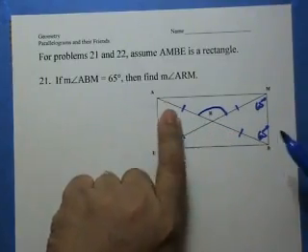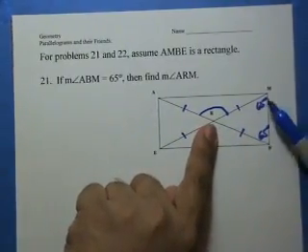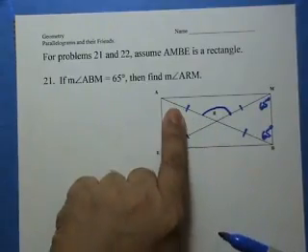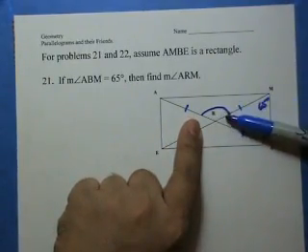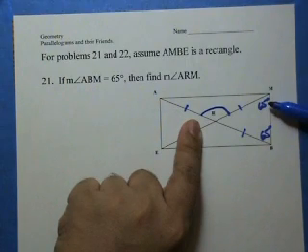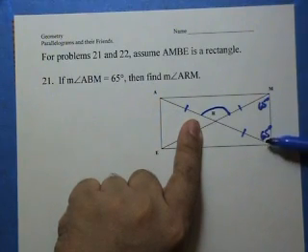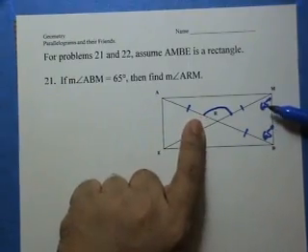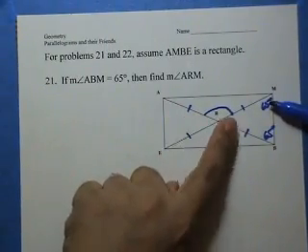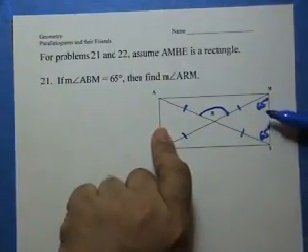So here, RA extends BR of this triangle. The exterior angle theorem says the measure of the exterior angle is equal to the sum of the measures of the 2 remote interior angles, meaning the interior angles that are not adjacent to the exterior angle. So, the measure of angle ARM is 65 plus 65, or 130 degrees.